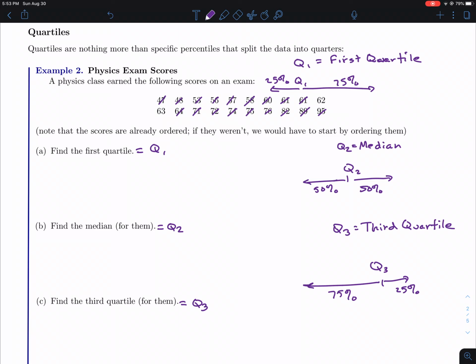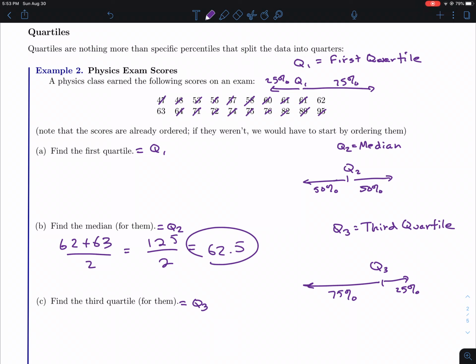So to find our median, what we do is actually average those two values. So take 62 plus 63, add them together, and I get 125. Divide that by 2, and we end up with 62.5. So that's one way. I kind of like using that as a way to find the median.